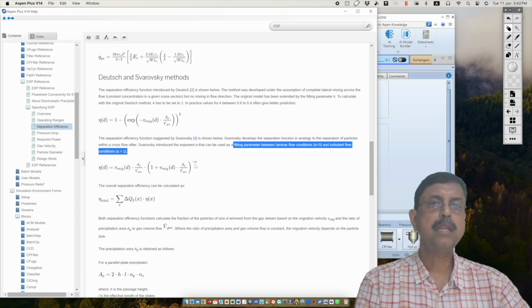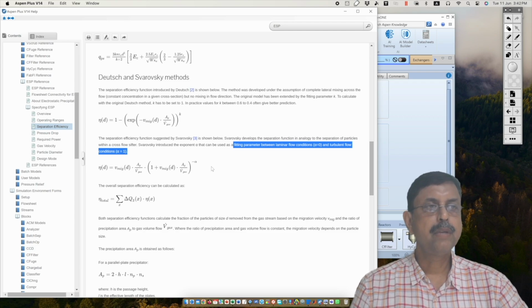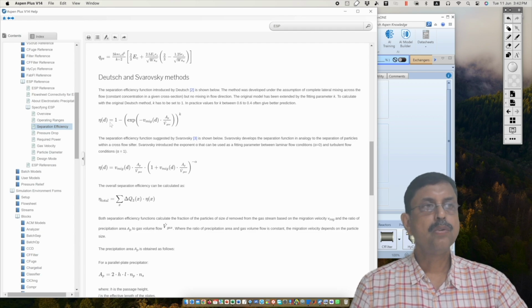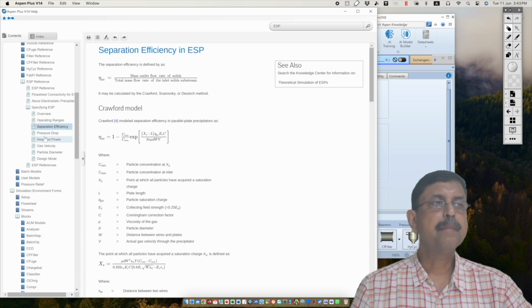Between laminar and turbulent, you can give values anywhere between 0 and 1. So that's how the separation efficiency will be calculated for the Swarovski model. It's almost the same, only the structure is a bit different, but you need the same set of information to calculate the overall efficiency. These are about finding the separation efficiency.